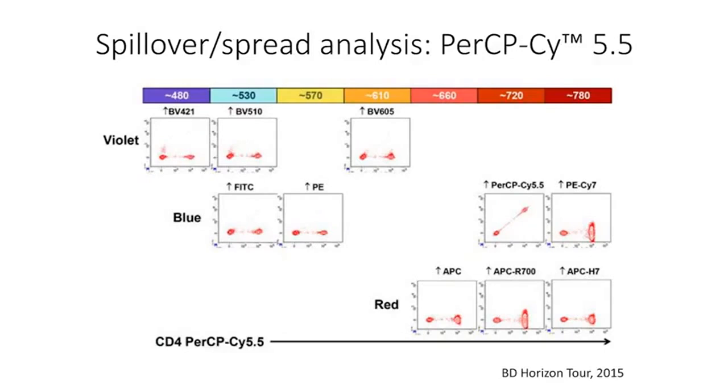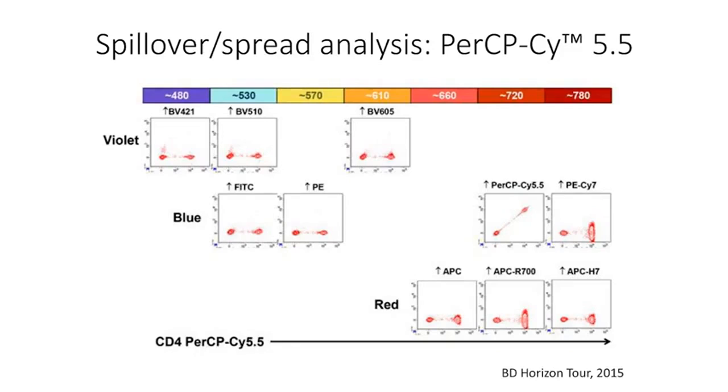So that's not true for every fluorochrome, however. PerCP-Cy5.5, for example, if we look at the PerCP-Cy5.5 positive CD4 cells, notice the shape of the population is oblong here. It is spreading in the Y channel. And that is because we have spillover coming from PerCP-Cy5.5. The net result is that if you were trying to measure an antigen in PE-Cy7 on a CD4 positive cell, your resolution at low levels would be impaired.